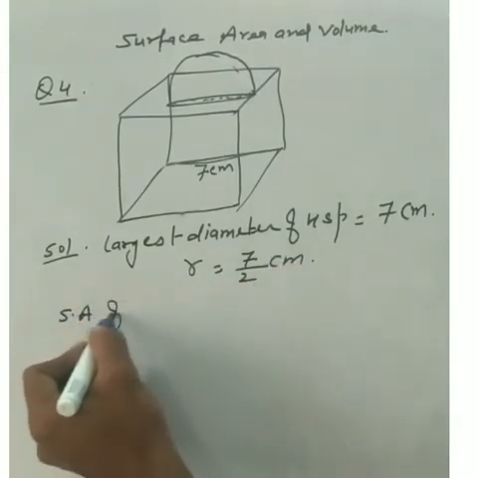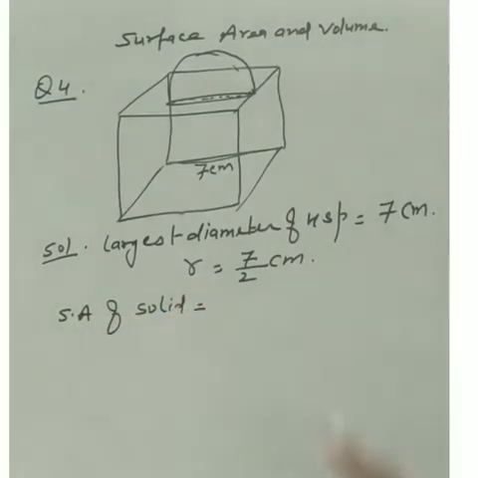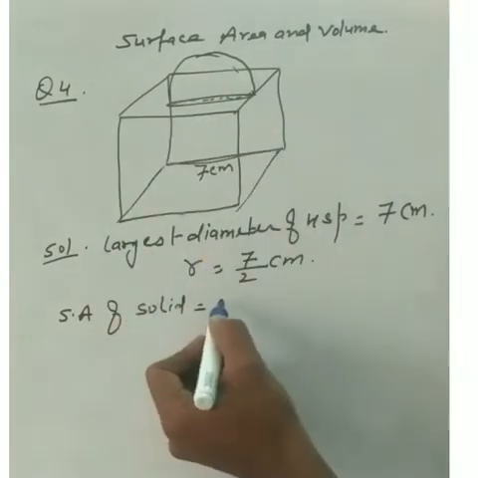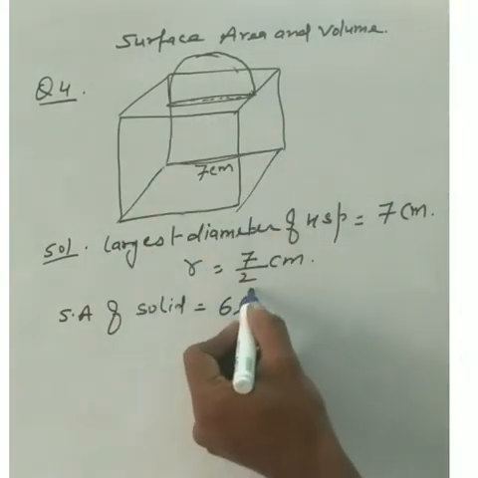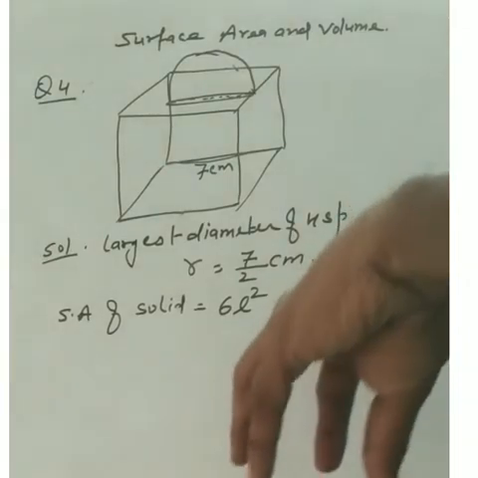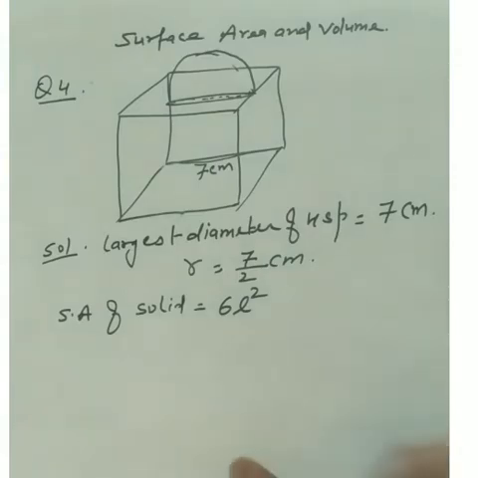Surface area of solid. Surface area of this cube is 6L square. Now this hemisphere is placed on the cube. Suppose this is the upper face of the cube and this hemisphere is placed on it. So we are able to see this hemisphere also. It is additional.